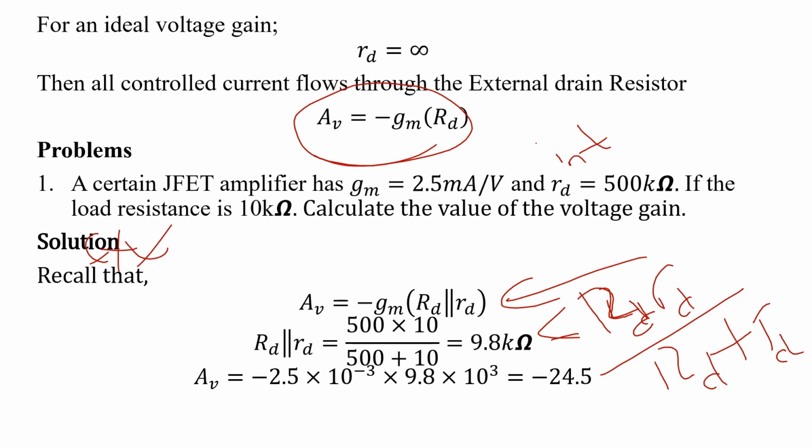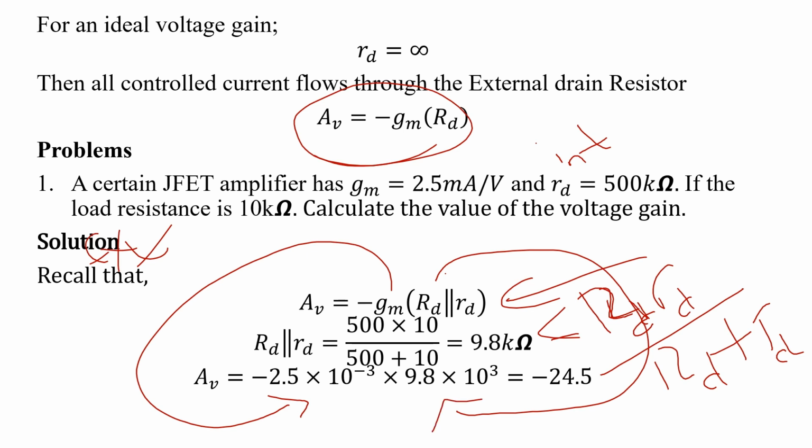So if we input what this expression is, and gm here, and if we input this as well, it means that our voltage gain is going to be negative 24.5. So we are going to solve more problems in our next class.